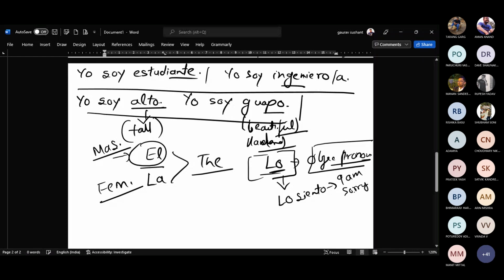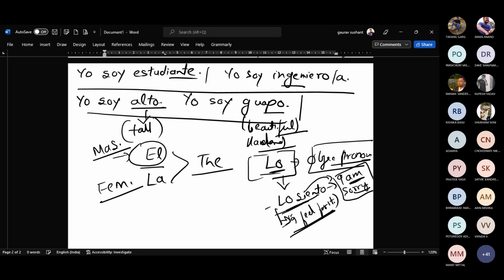But this is not the exact translation of this particular expression. If you literally translate this expression, word to word, it will be like "I feel it". That is what it refers to.